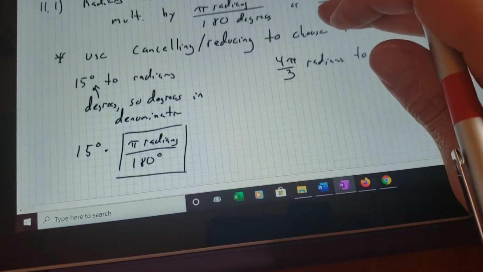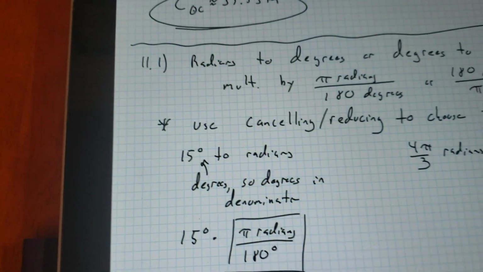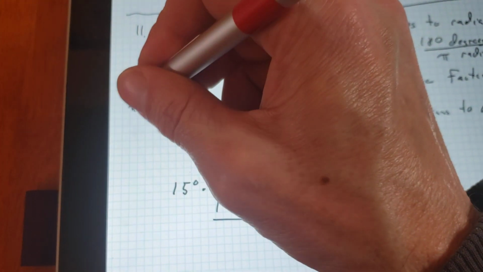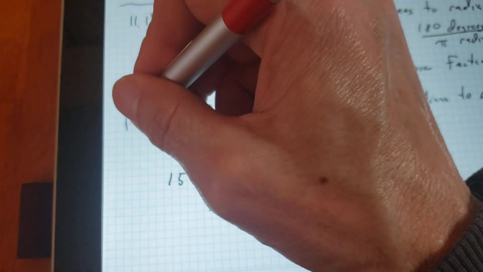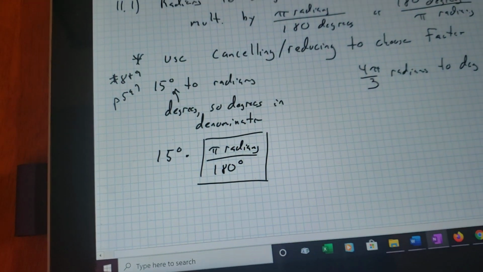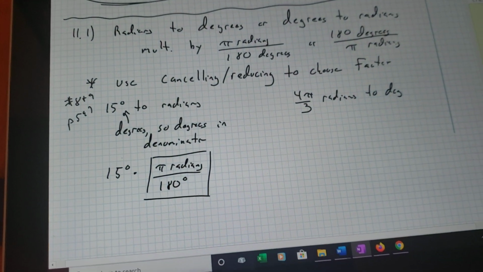We'll do that one in a second. Okay, so on this one, these are numbers 8 and 9 on page 597. These are practice problems in the book. I may have put them in the notes.